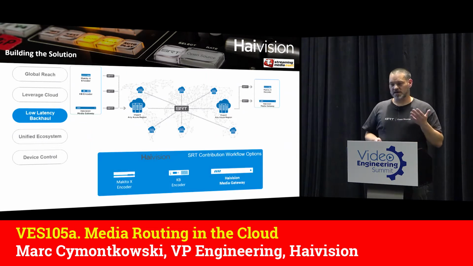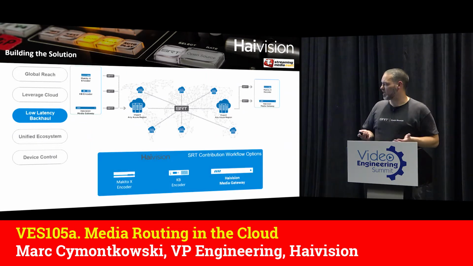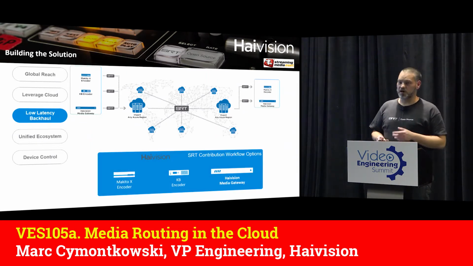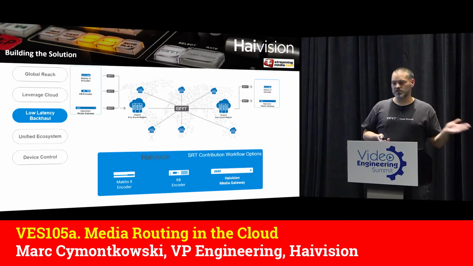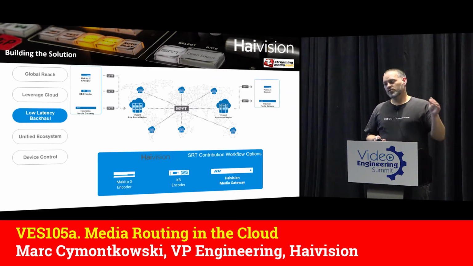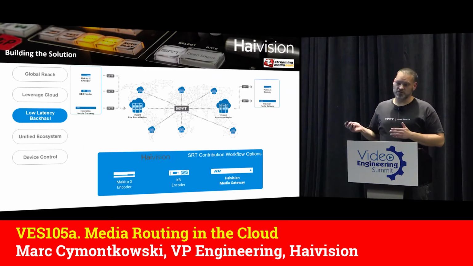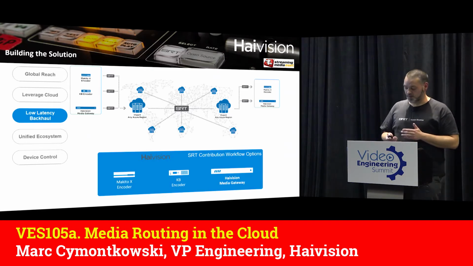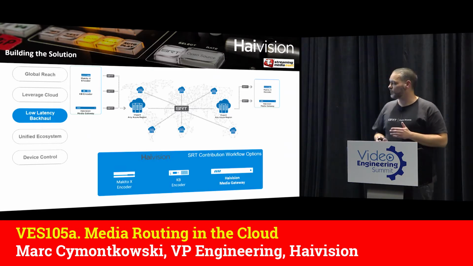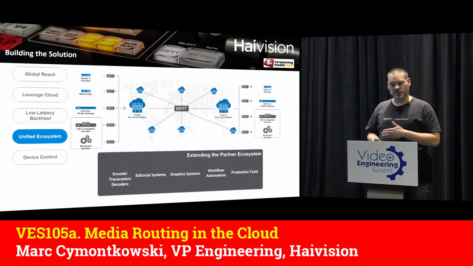Now, we took all our Haivision equipment, our encoders, our decoders, set-top boxes, our media gateway, and we hooked it up to the solution so we can go end to end, right? From an encoder through the delivery network all the way to the destination. But we thought, what if others can connect into this system?